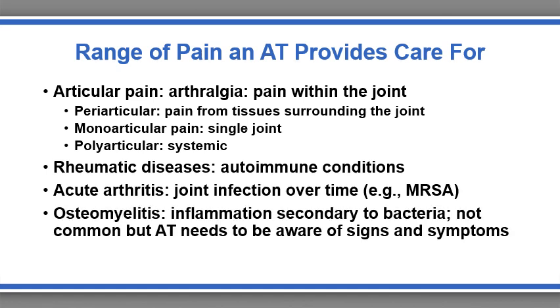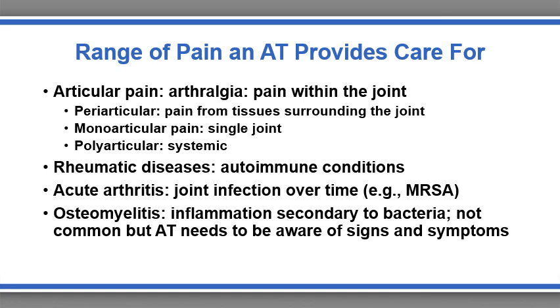Osteomyelitis is an inflammation secondary to bacteria in the bone. Again, not common, but as an athletic trainer, you need to be aware of the signs and symptoms of osteomyelitis. Any type of localized peripheral bone pain, if they have fever, malaise, tenderness, those would be some things that could indicate an individual has an infection in the bone.